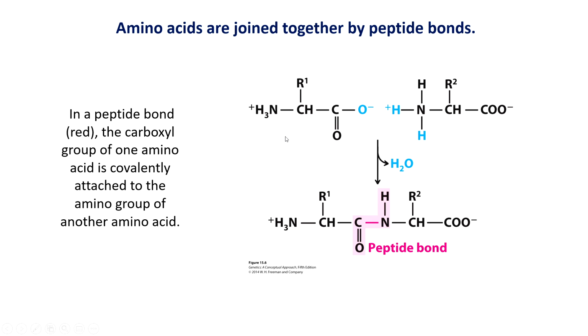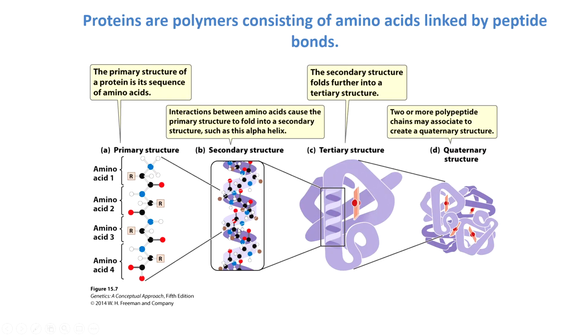As I mentioned before, amino acids are joined together by the peptide bond, which is a condensation reaction, also called the dehydration synthesis reaction, in which the carboxyl terminus of one group becomes covalently attached to the amine terminus of another group to form the peptide bond. Again, peptide bonds are what hold different amino acids together in the primary structure, and this is the structure that the ribosome is responsible for creating using RNA as a template.